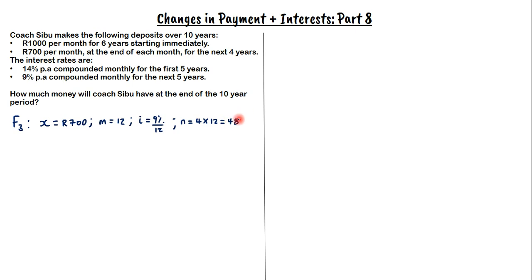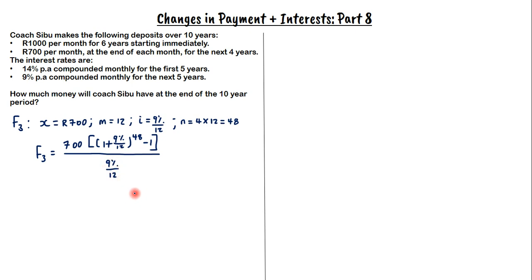So this then gives us our future value. Again, I'm not going to put in the formula again. I'm just going to go straight there and substitute my values. So 1 plus 9% over 12, to the power of 48, minus 1, over 9% over 12.